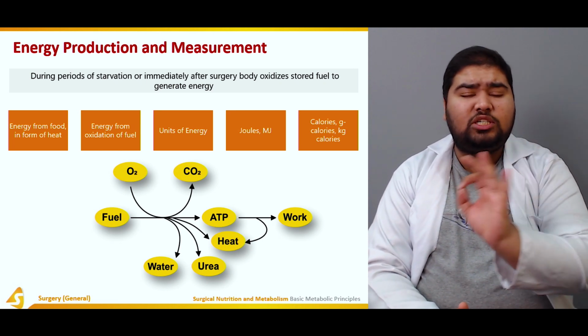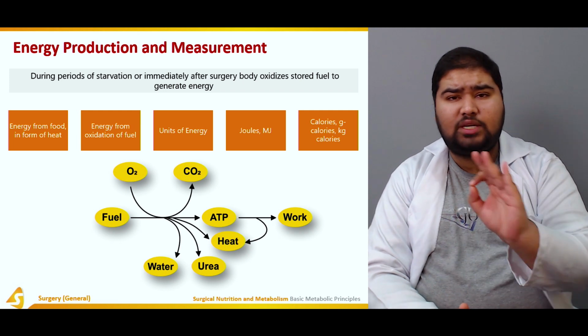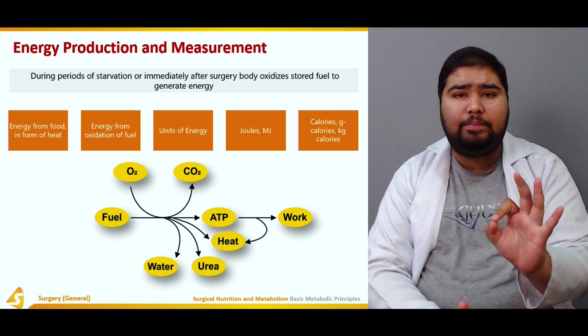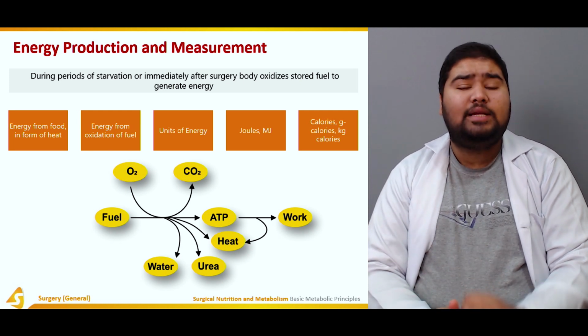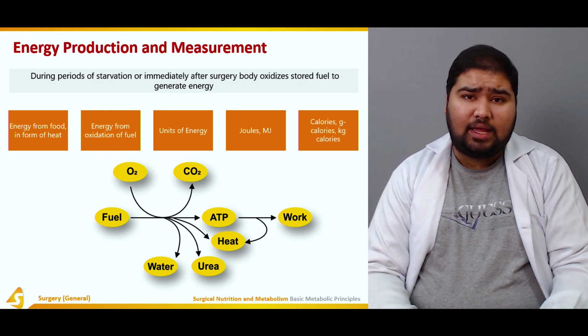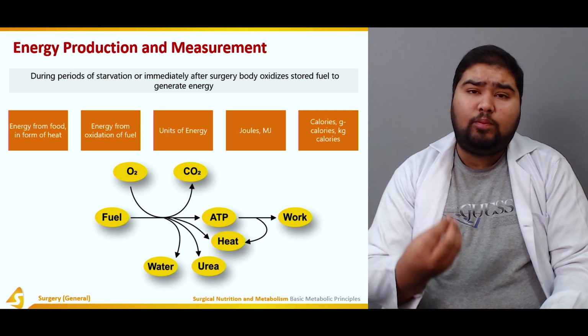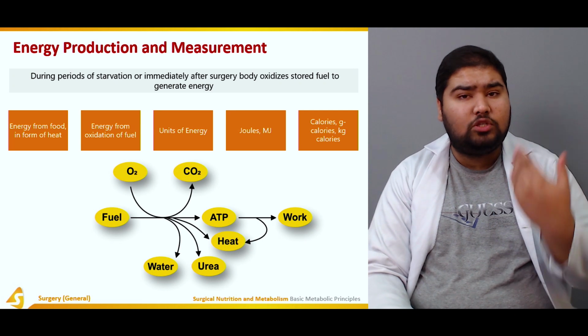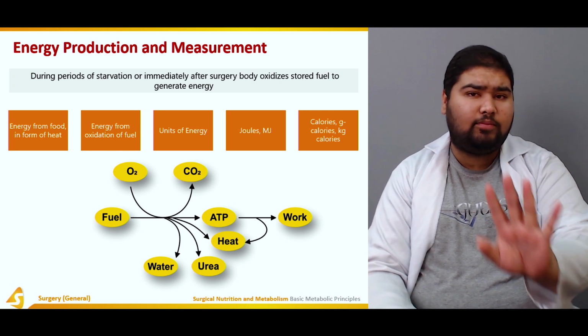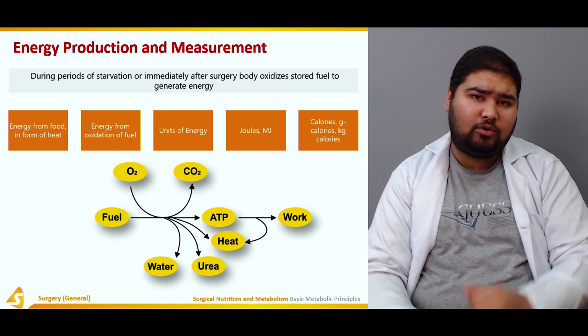Now, since your patient has undergone surgery, your patient is NPO, that is nil per oral. So the patient is not taking anything. Since the patient is not taking anything, now the body is under starvation. So the body assumes there's no food for more than 8 hours. The body turns the starvation mode on.